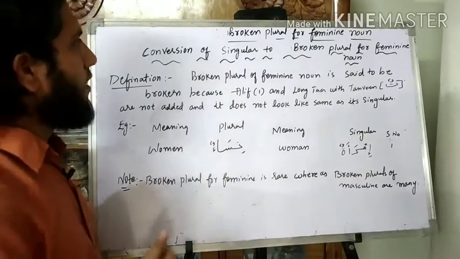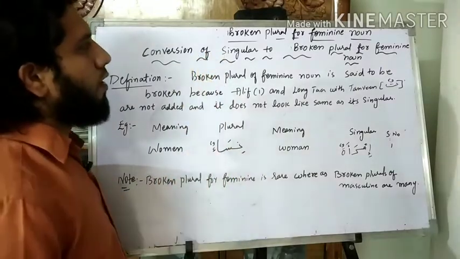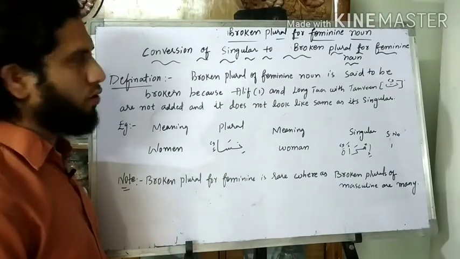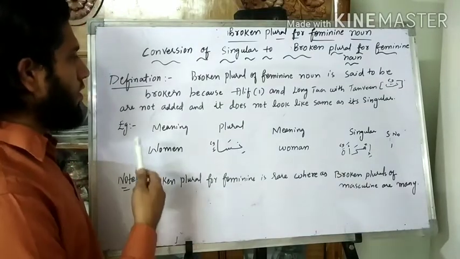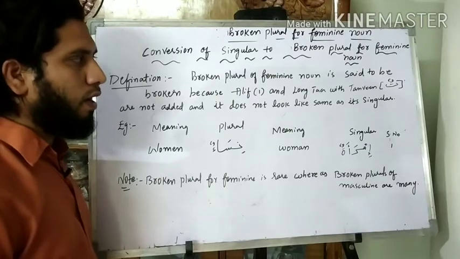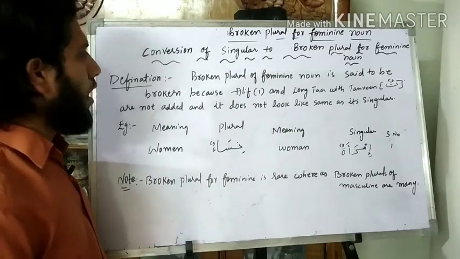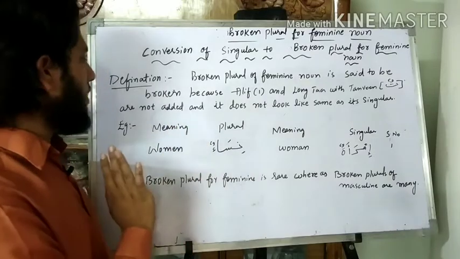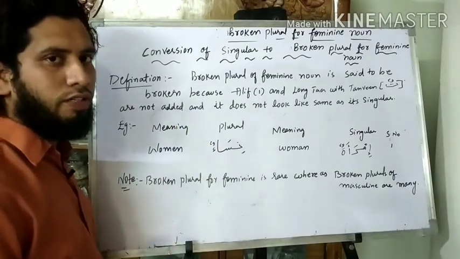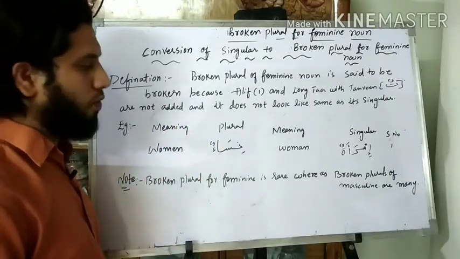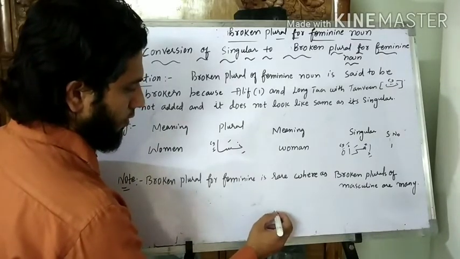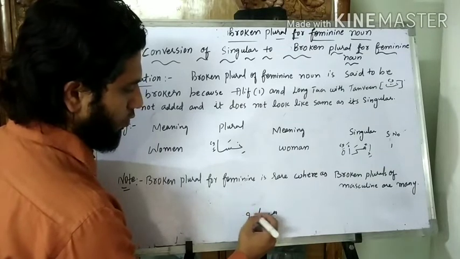Here we will see broken plural for feminine noun, and its conversion and definition too. See here, first the definition: broken plural of feminine noun is said to be broken because alif and long ta with tanween are not added, as it happens in unbroken plural for feminine noun. For example, muslimatun.